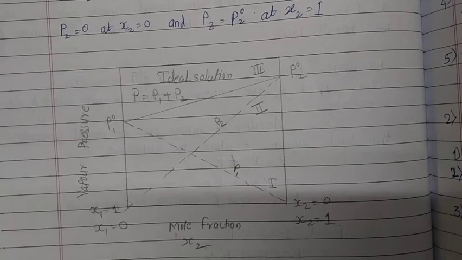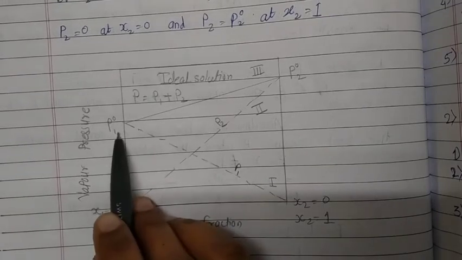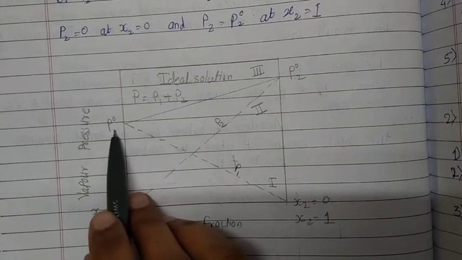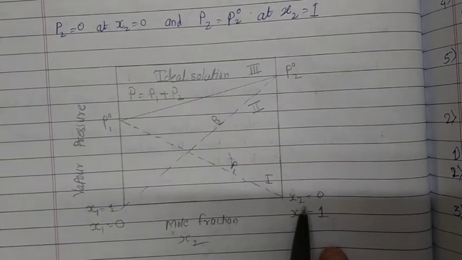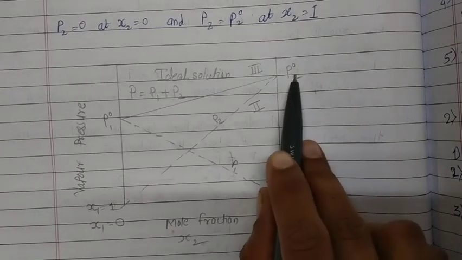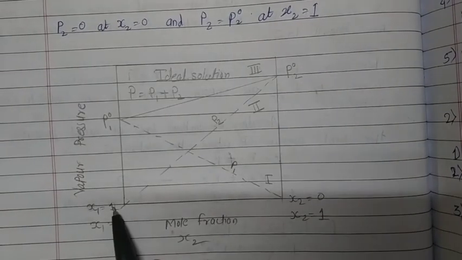Now three possibilities are there. For the P versus X2 straight line: P is equal to P01 when X2 is 0, and P is equal to P02 when X2 is 1.